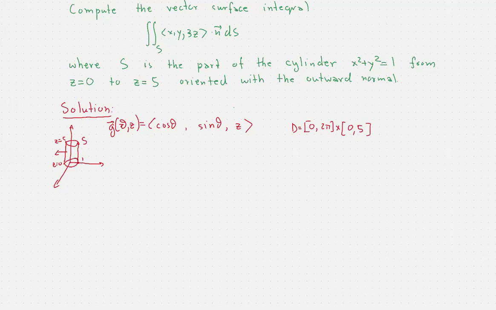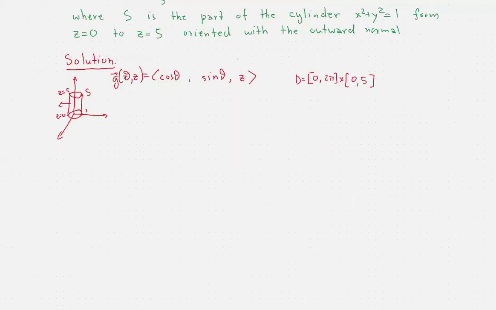And we saw in a previous example a parameterization of a sphere using again a vector valued function that is inspired by spherical coordinates. So it's pretty much a very similar situation here.